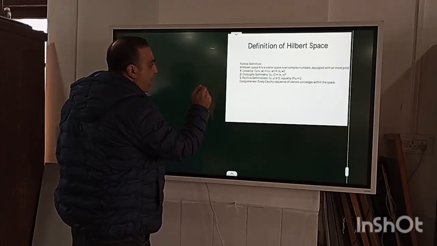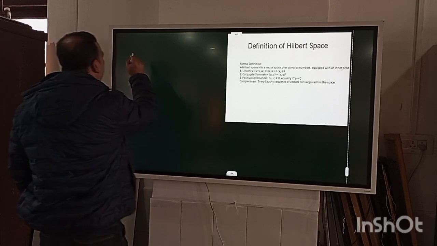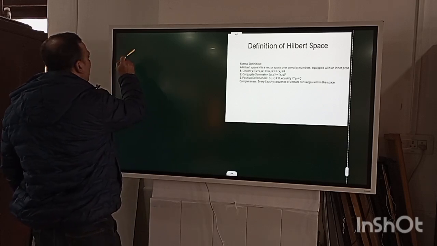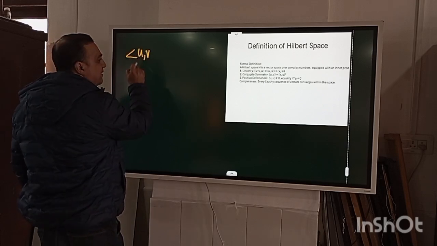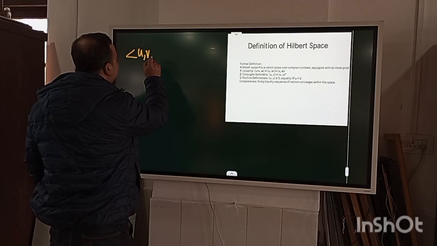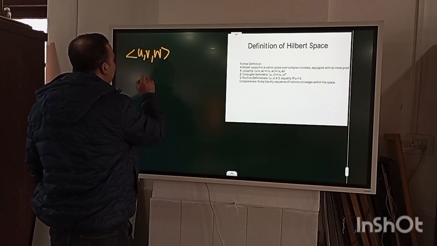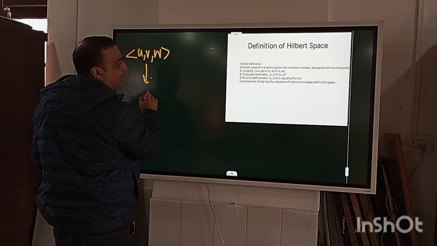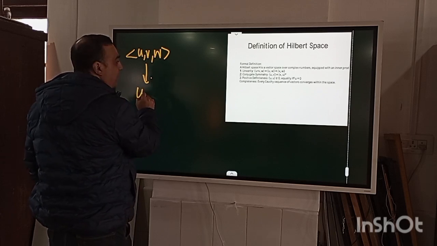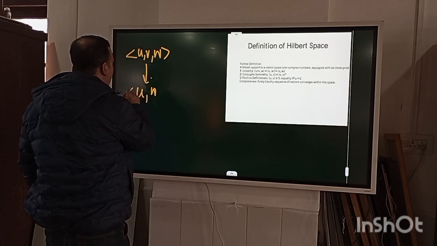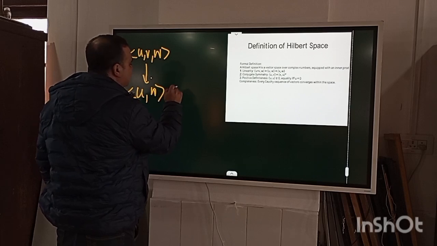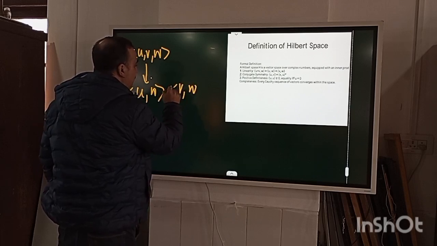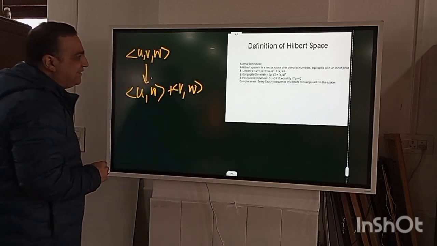If I have an inner product of u and v with w, we can write it as the inner product of u and w plus v and w, reflecting the linearity.